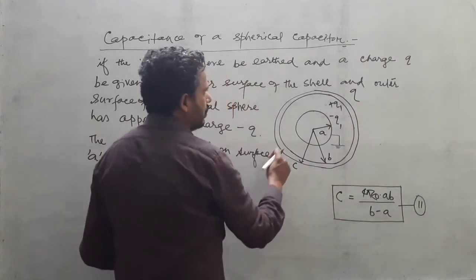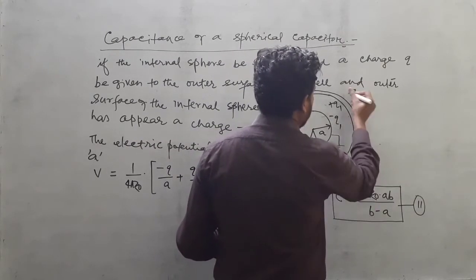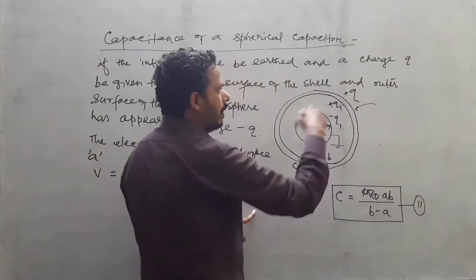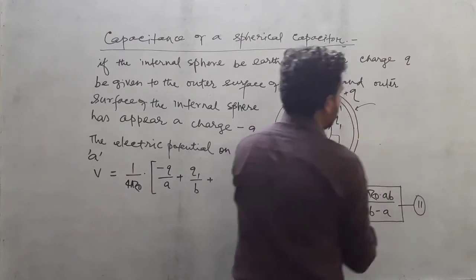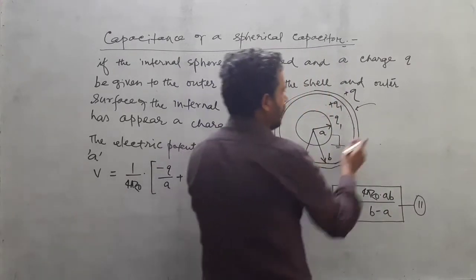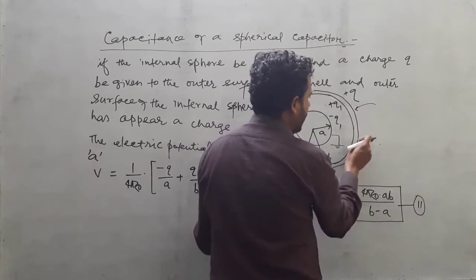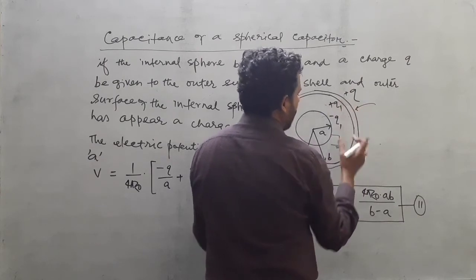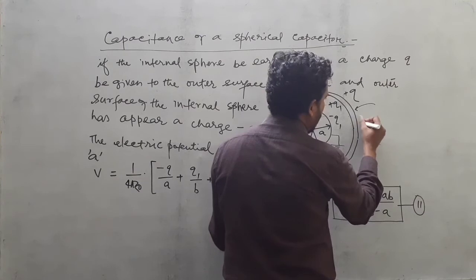Because we have given plus Q charge from outside, you have to find the resultant charge on the outer surface of the shell. Your resultant charge will be plus Q plus the negative of minus q1, an algebraic sum. So the net charge on this outer surface.